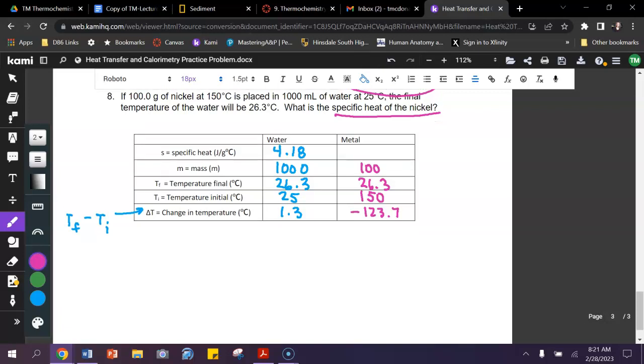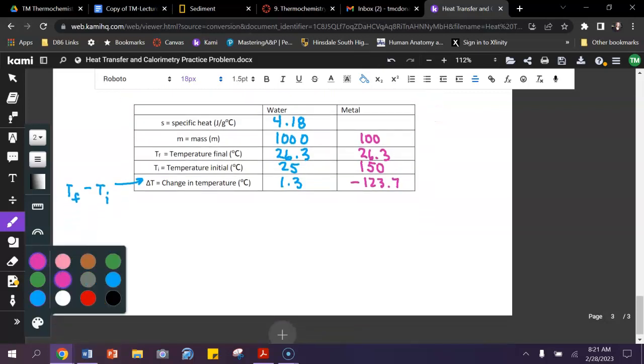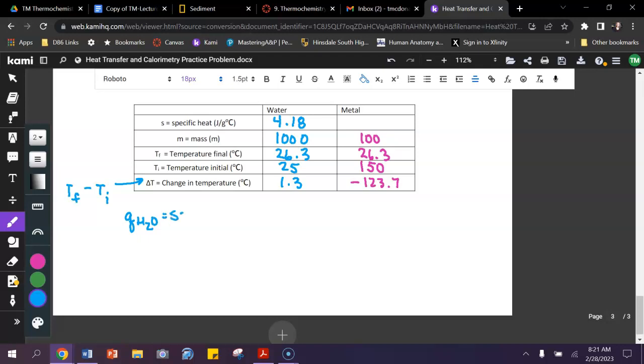So in order to figure out our specific heat of the metal, I need to do two Q-SMAT equations. First, we need to find the Q of water and then plug it into Q-SMAT for the metal. So Q of water is equal to S M delta T, which is 4.18 times 1,000 times 1.3.